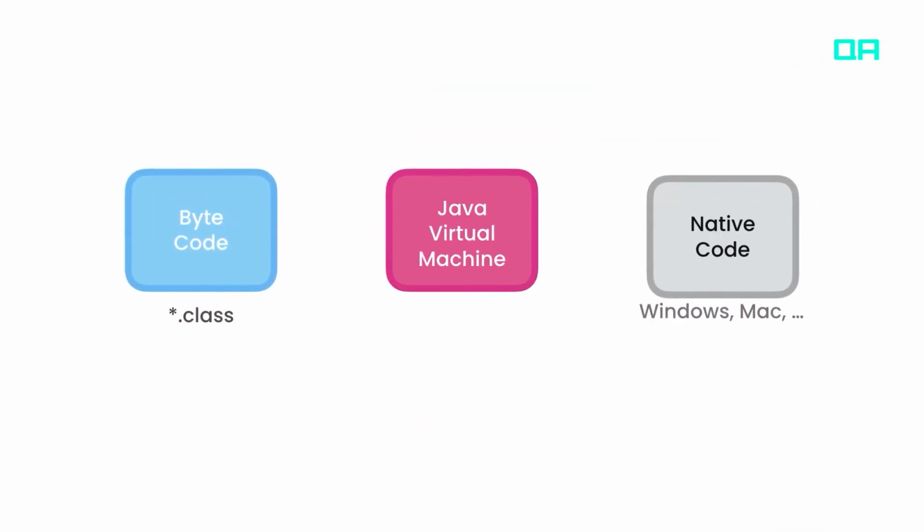This Java Runtime Environment has a software component called Java Virtual Machine, or JVM. This JVM takes our Java bytecode and translates it to the native code for the underlying operating system. So if you're on a Windows machine, this Java Virtual Machine converts our Java bytecode into the native code that Windows can understand.